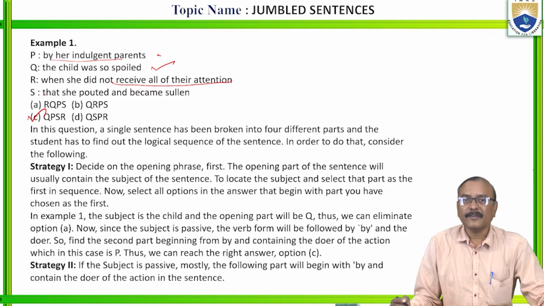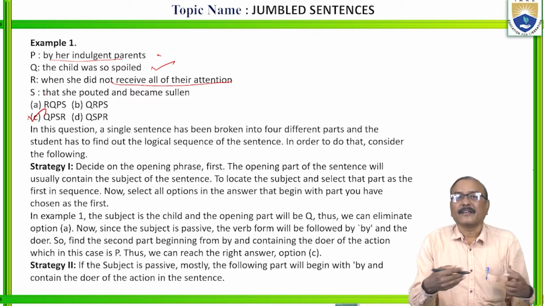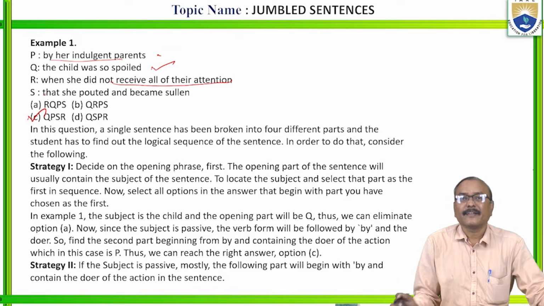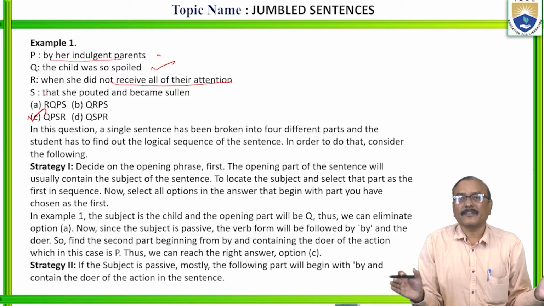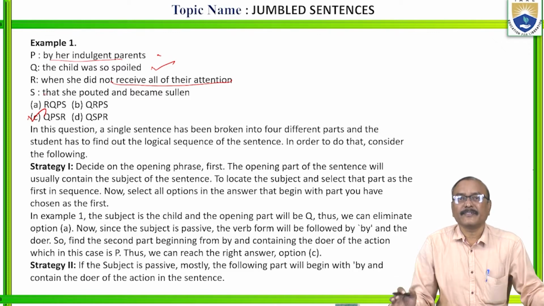Now, according to C, keep all those parts together and try for a meaningful, sensible sentence. The child was so spoiled by her indulgent parents that she pouted and became sullen when she did not receive all of their attention.